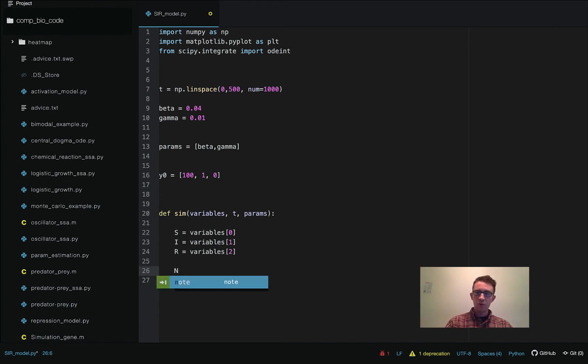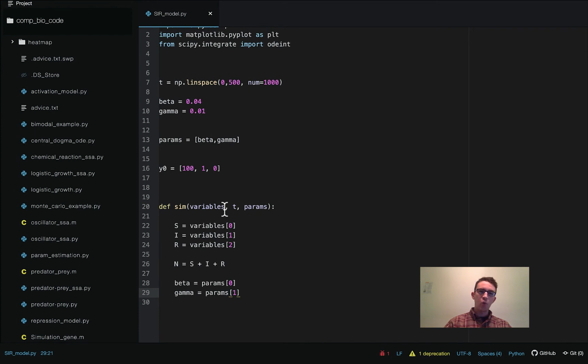Oh, and then also importantly, N is just going to be the constant population level, which will be all the people in all different states combined. And then within our function we also want to define the parameters locally. So beta is going to be the first element of the params array, and gamma is going to be the second element. Here it might look like extra work to define them globally out here, then pass them in and define them again locally.